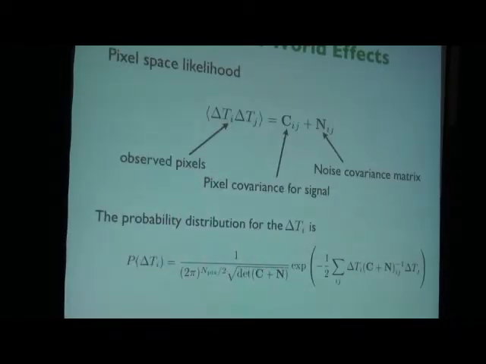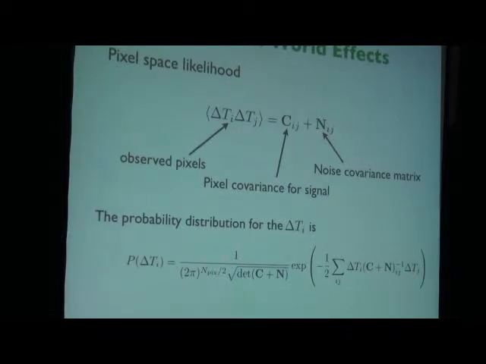What I mean by this is if you're working in pixel space, you know that you can easily compute the ensemble average of the temperature in pixel I and the temperature in pixel J. It's just your theory computation and then some noise covariance matrix. So this would be the angular correlation function evaluated for the angle between the pixels, for example. And then the noise covariance matrix is something that you have to get from the experiment.